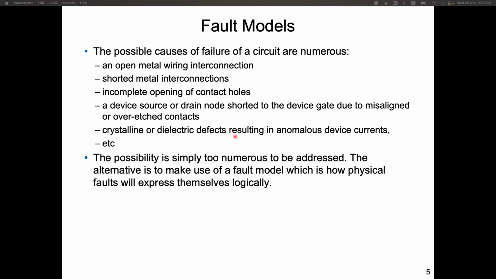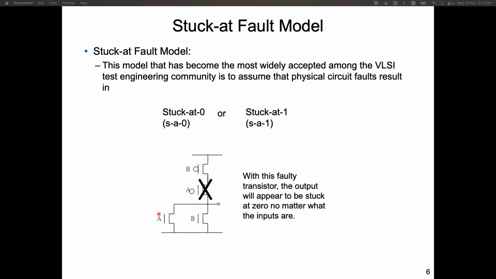The possibilities are simply too numerous to be addressed. But the alternative is to make use of a fault model, which describes how physical faults express themselves logically. The first fault model is called the stuck-at fault model.